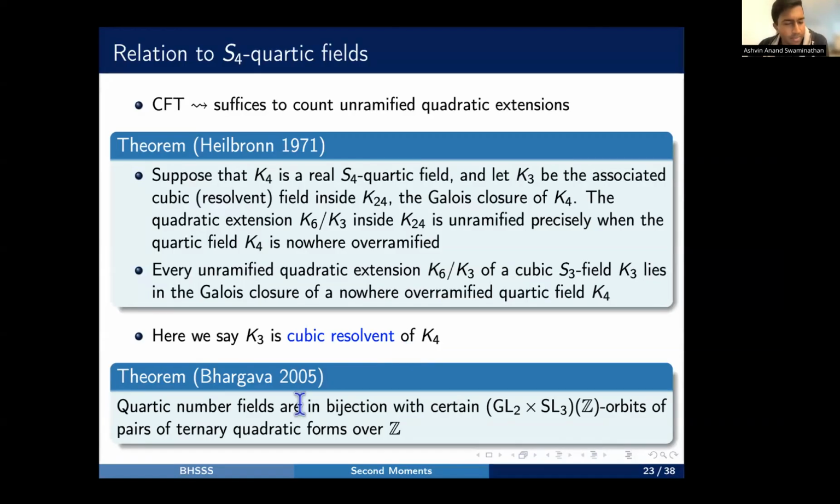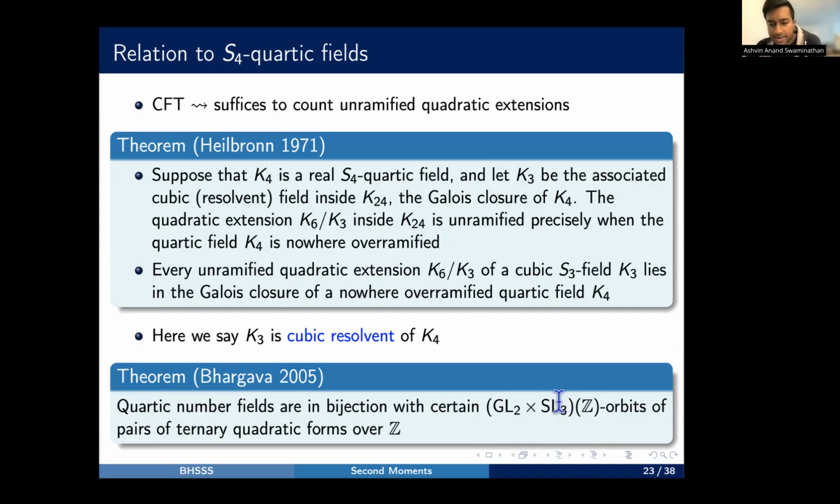And Bhargava has a parametrization of those. So his parametrization states that quartic number fields are in bijection with orbits of pairs of ternary quadratic forms over Z, and the group action here has two factors to it. So the first factor, GL2, sort of takes linear combinations of your ternary quadratic forms.